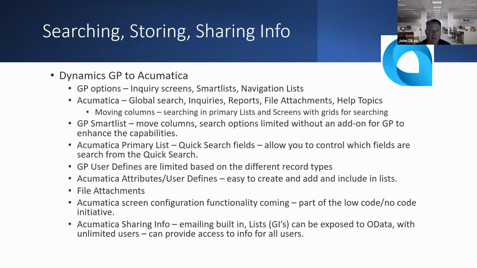I always say it's like electricity. It doesn't matter if I've got 10 people or one person living in the house, it's how much electricity I use. That's a similar concept with Acumatica's unlimited users: it's based on how much horsepower you need to drive the system, versus, hey, I need somebody to have access to this information, and therefore I've got to go buy a full seat of GP.